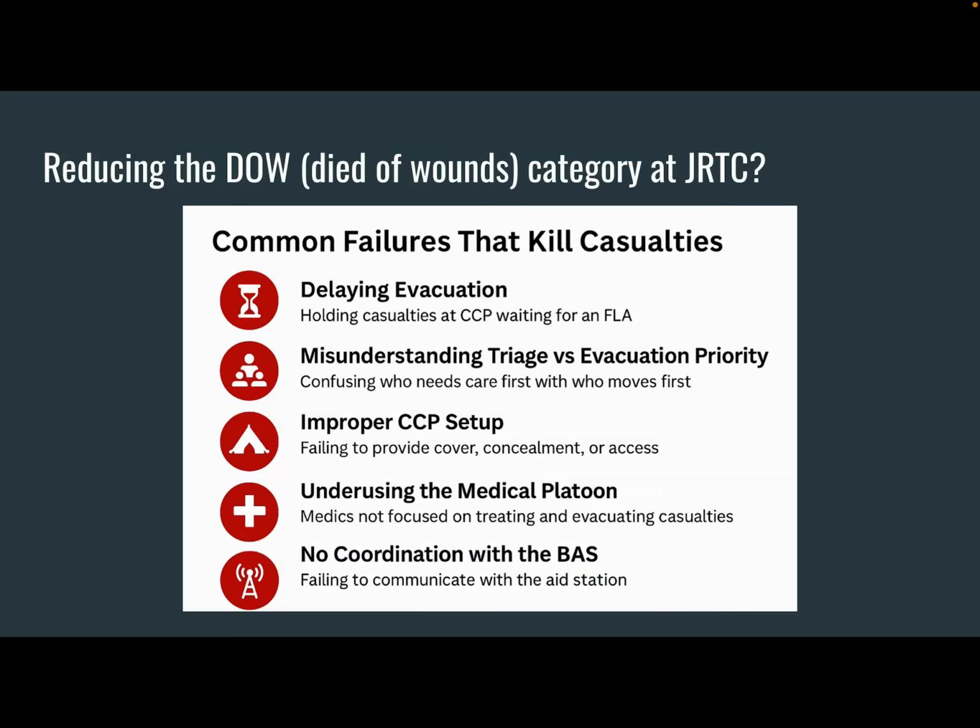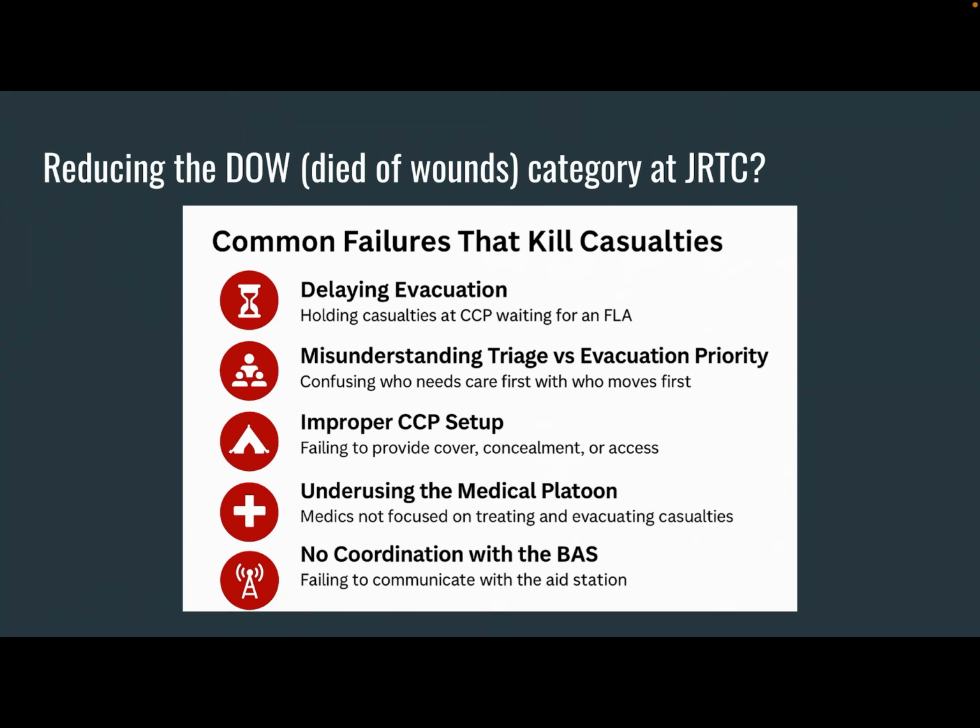All right, next slide. Reducing the died of wounds. When we went to the LTP in December down at Fort Johnson, one of the biggest categories for deaths or casualties on the battlefield was died of wounds, which is waiting on evacuations.